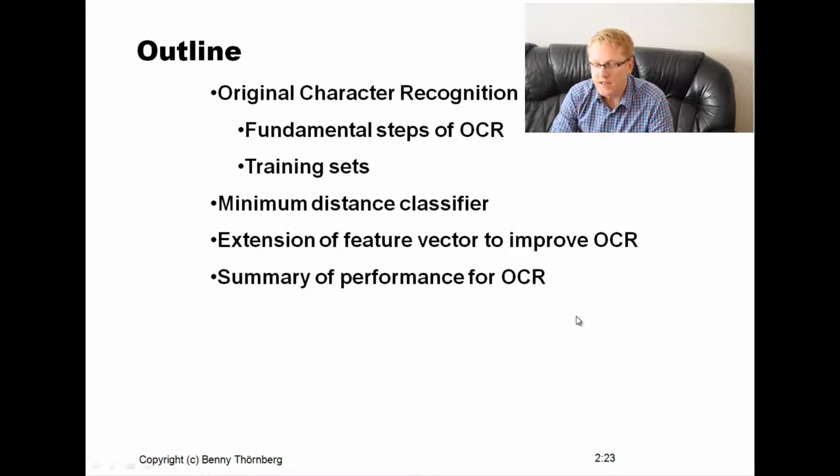I will discuss and explain to you how we made experiments and tried to find different kinds of descriptors and combinations of descriptors that are efficient in order to distinguish between different letters, and the analysis that we made on this area, and how we were able to improve the performance of the OCR classification. And in the end I will give you a summary of the performance of this OCR system.